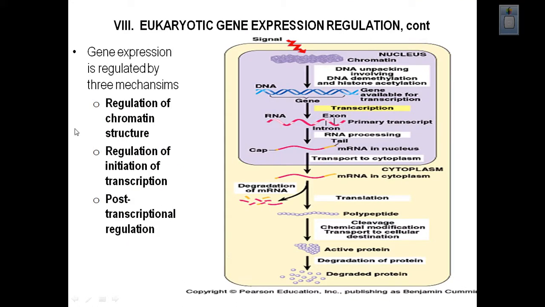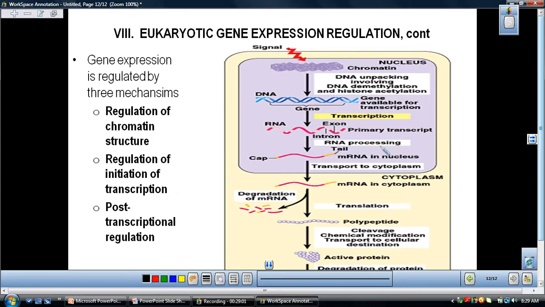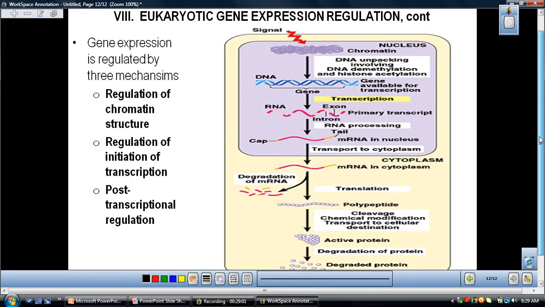Okay, moving on, this gets a little more difficult here. We haven't talked about this before. So in a eukaryotic organism, remember we're still talking about eukaryotes, gene expression is regulated by 3 mechanisms that we're going to talk about in the next couple of slides. Okay, so to regulate gene expression, that means to regulate the transcription, translation of genes, to turn them on and turn them off.